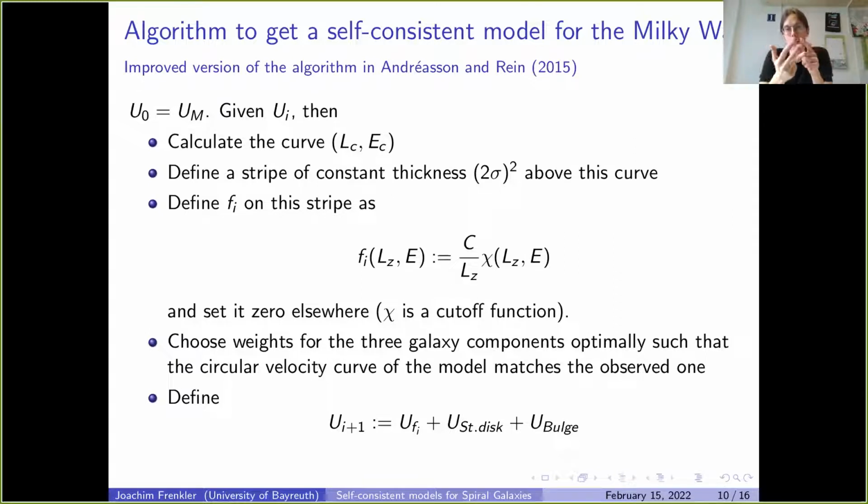So we prescribe the densities of the bulge and the stellar disk, and then we choose the prefactor such that the circular velocity curve of the model matches the circular velocity curve of the real galaxy. Then we define a new potential UE plus 1 by summing up the potential of Fe, the potential of the stellar disk, and the potential of the bulge.